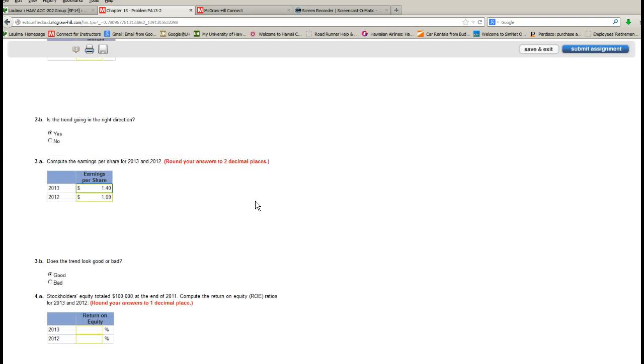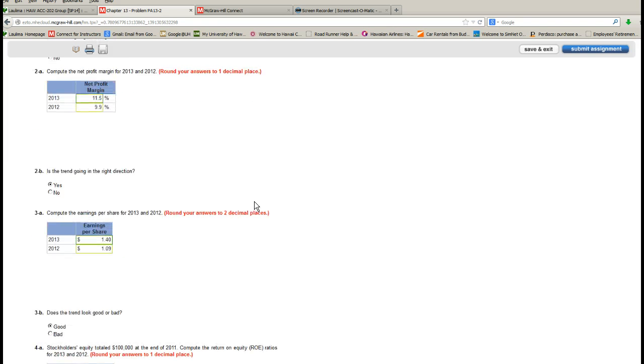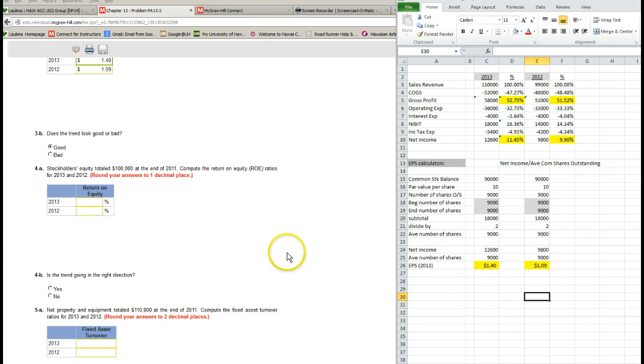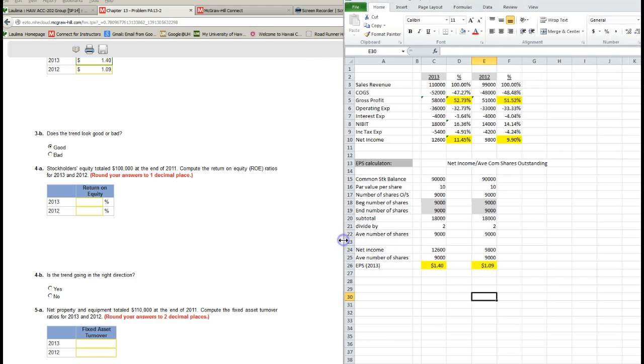Did it give us that information for number 3? No, it didn't give us that information. But for number 4, it's giving us a bit more information for the previous year, 2011. So you can guess, I guess, that for this calculation, we're going to need beginning and ending information for both 2013 as well as for 2012.